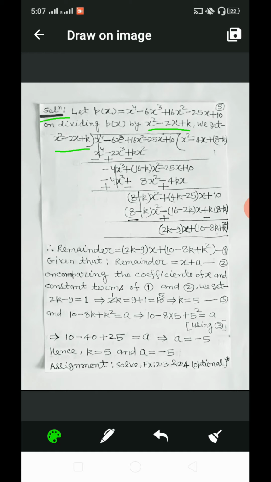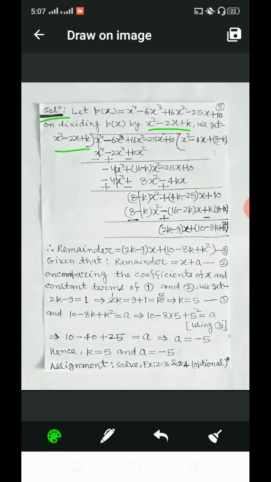and it is multiplied by x square minus 2x plus k. We get x to power 4 minus 2x cube plus kx square, and changing the sign of these terms and after solving, we get minus 4x cube plus (16 minus k) into x square minus 25x plus 10.